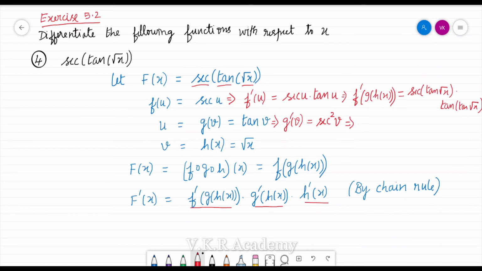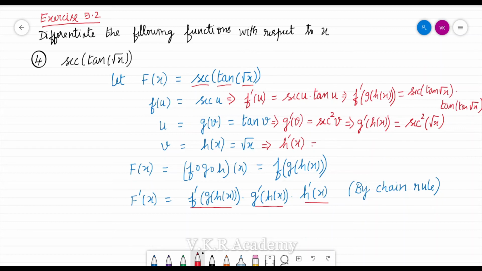So with v equal to h of x, g dash of h of x is equal to secant squared of h of x. h of x is root x, and finally we compute h dash of x.